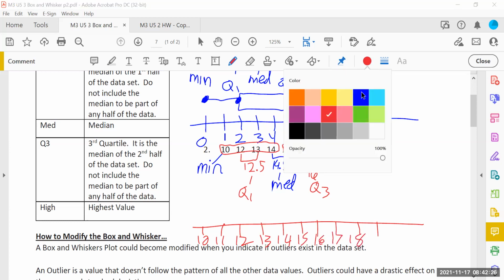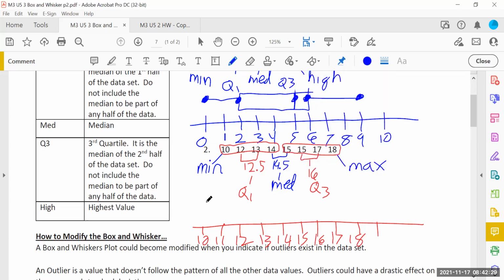So my minimum was at 10. My median was 14.5, so that's halfway in between. My maximum was at 18.